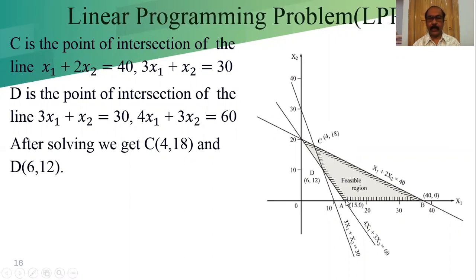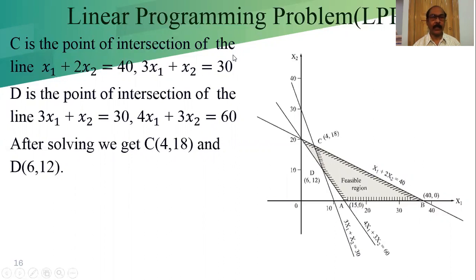Now one thing we have to find out: this is the intersection of the two lines 3x1 plus x2 equal to 30 and 4x1 plus 3x2 equal to 60. We have to find it by solving. This is another intersection, of 3x1 plus x2 equal to 30 and x1 plus 2x2 equal to 40.